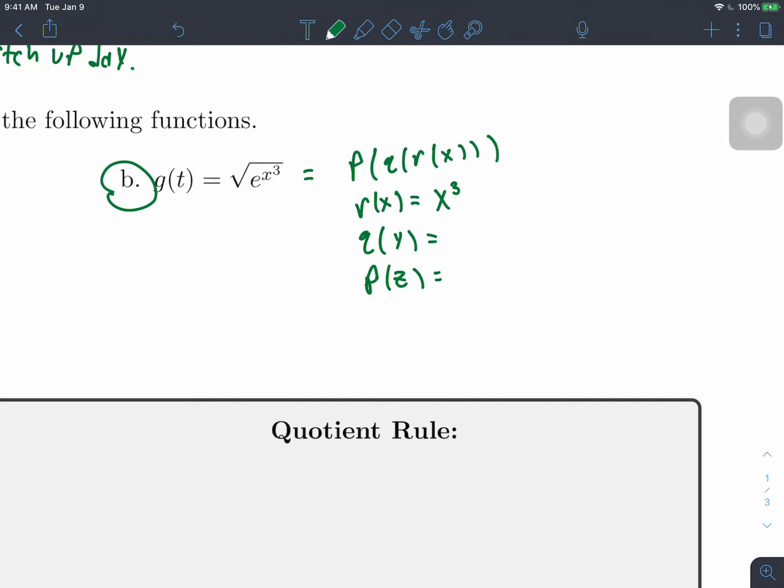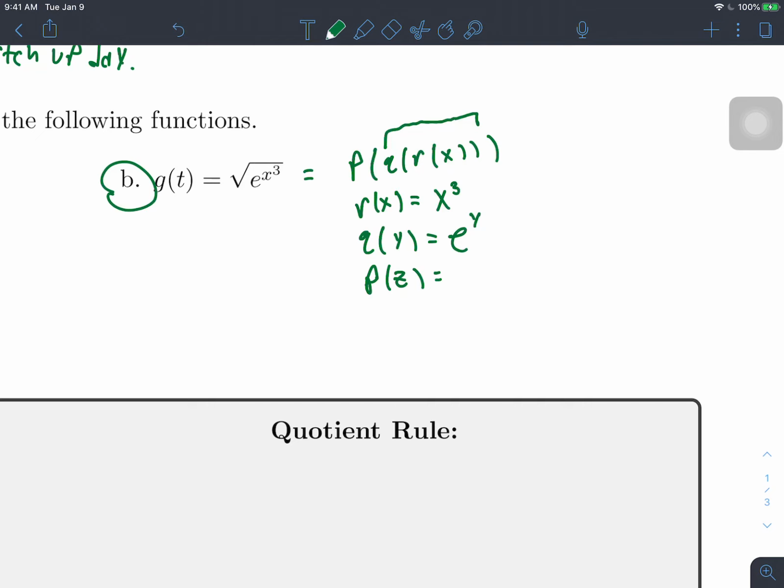Q of y is going to be this function e to the y. So if we just do q of r of x, we would get e to the x cubed, where we just replace that y by the function x cubed.